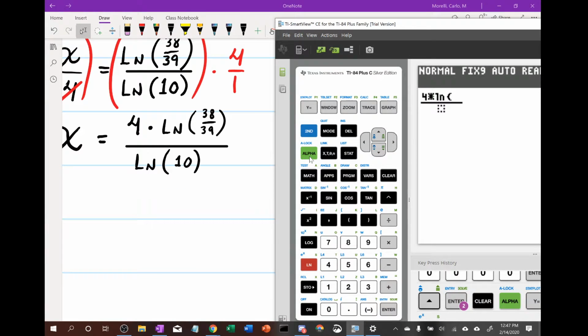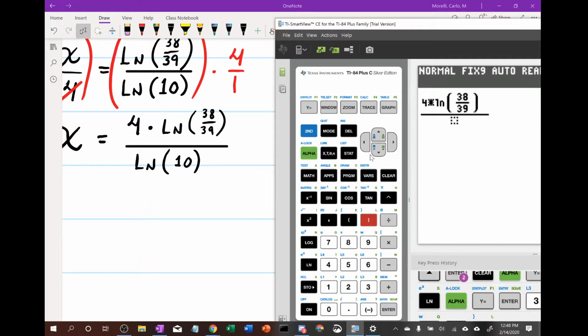And then hit alpha y equals, enter again, because you want to put this fraction 38 over 39. Be careful that you hit the right arrow key before you close those parentheses. Then in the bottom, you're going to hit ln of 10.